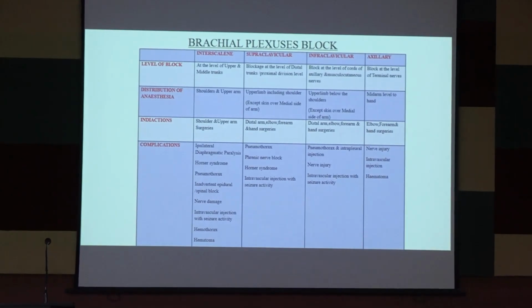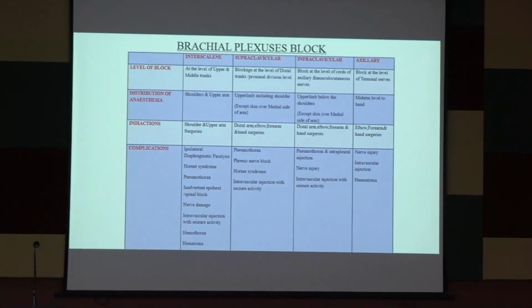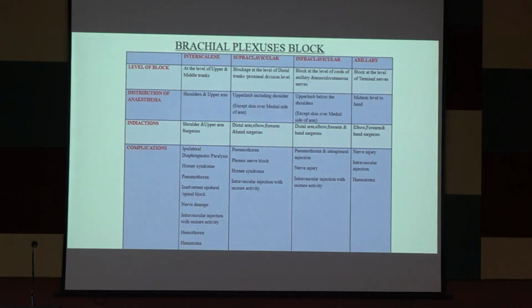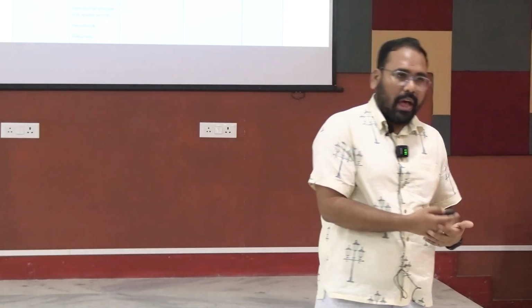So we use interscalene approach for the surgeries for upper arm, like shoulder surgeries or clavicle fracture, or upper arm surgeries. এইগুলোর জন্য আমরা interscalene approach use করি। আচ্ছা, supraclavicular approach for the surgeries of the distal arm or elbow, forearm, hands.